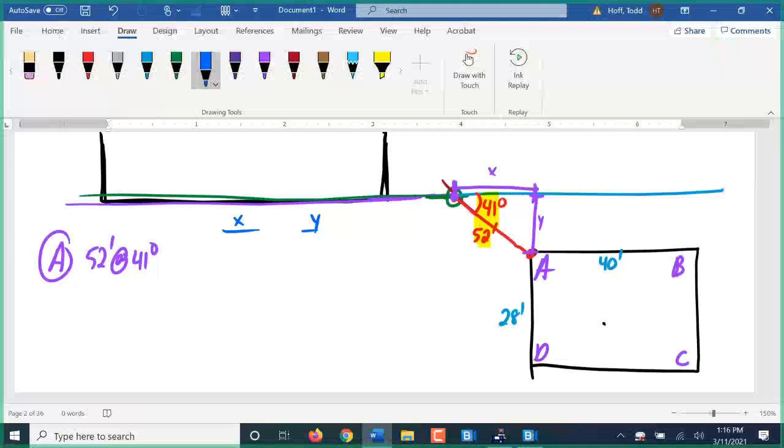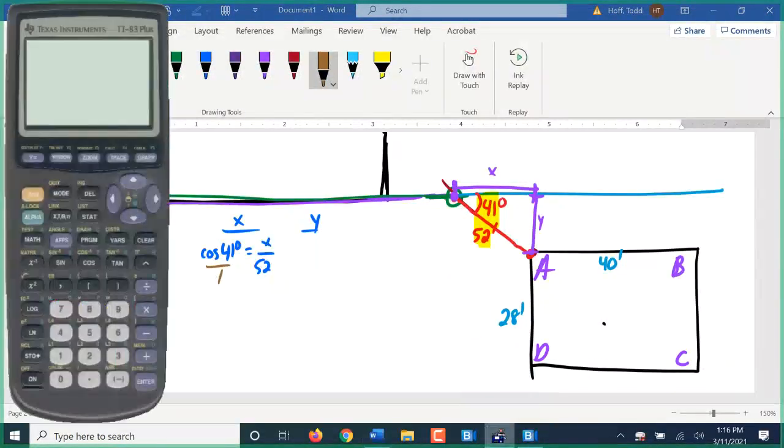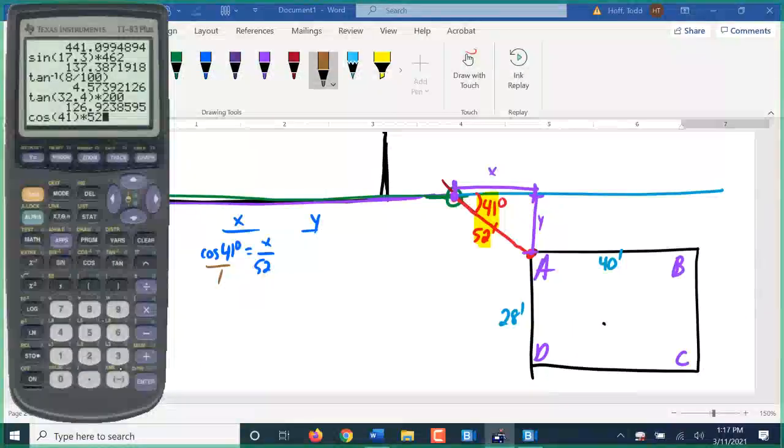Well, x here is going to be cosine of 41 degrees equals x over 52. So I cross multiply and divide there to get x is cosine 41 times 52, which is 39.24 feet.